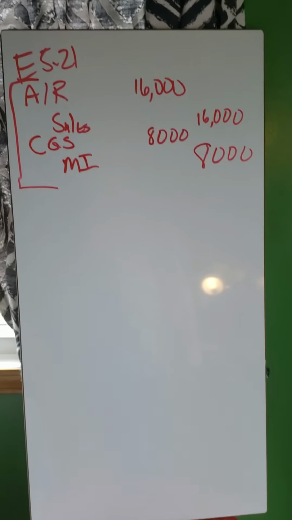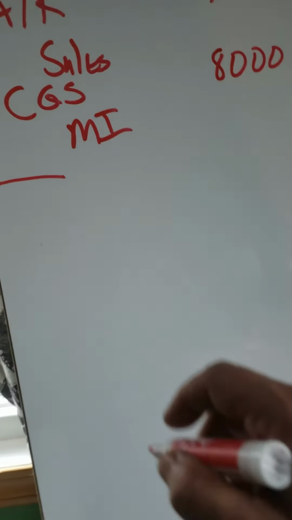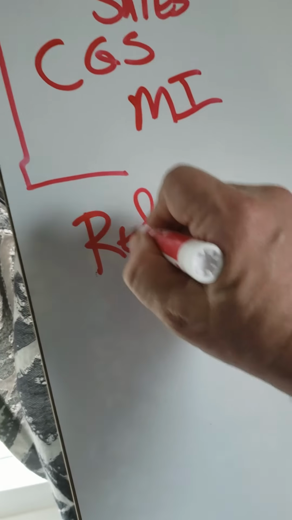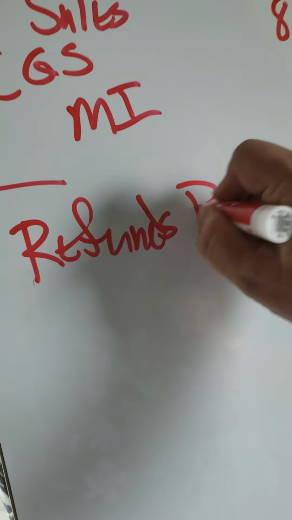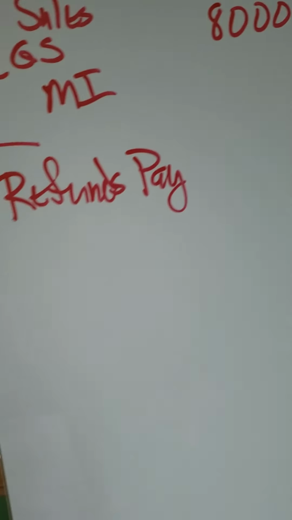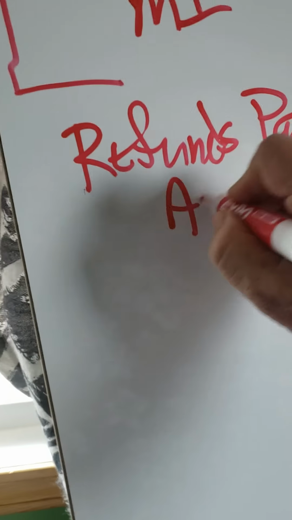The next entry is received $300 sales return on damaged goods from the customer. Cost of damaged goods is $150. Here's where we're going to see this new account being set up, an account called refunds payable. We debit refunds payable for $300 and credit accounts receivable for $300.